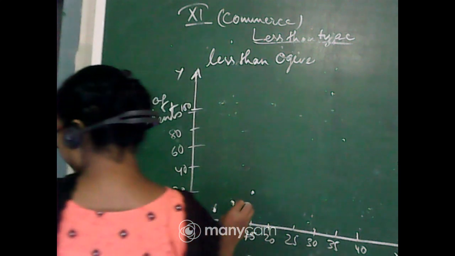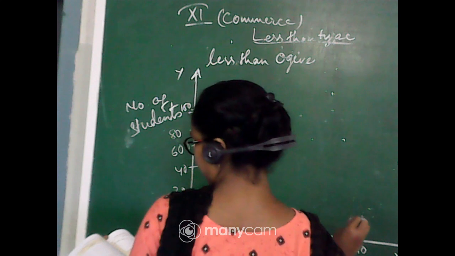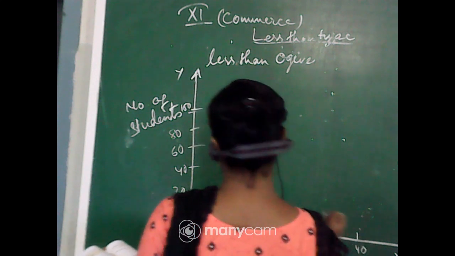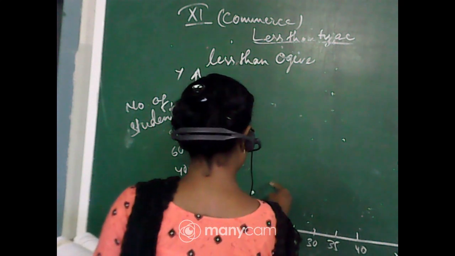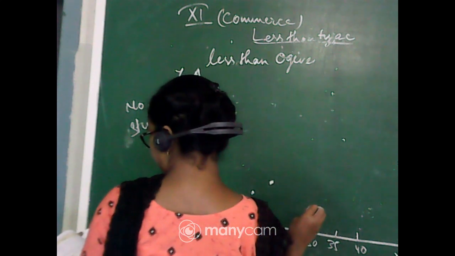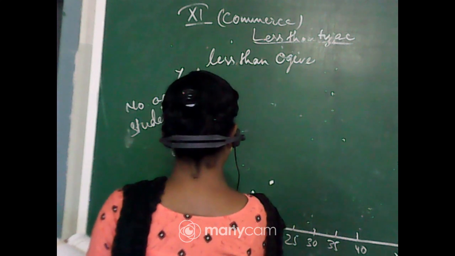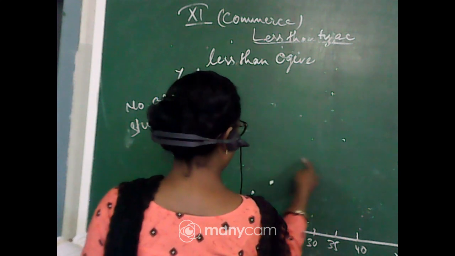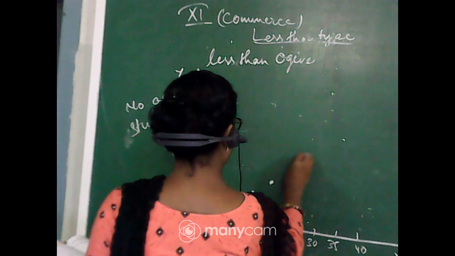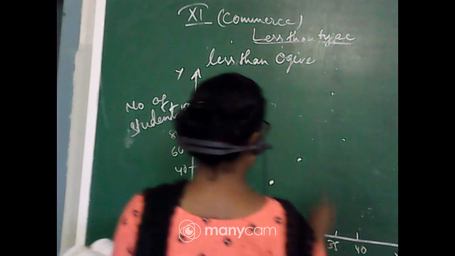Next 15 to 20, 30, here. 20 to 25, 55. Next 77.